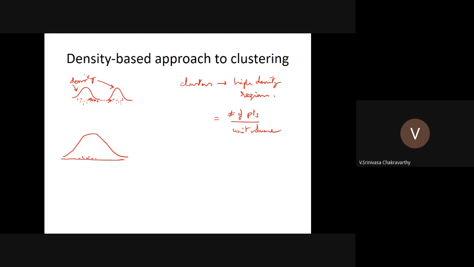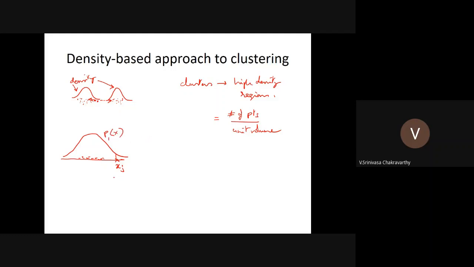There's a high density of lots of points in this part. I'm considering a point here. I'll call this xj. Now I'm asking, does xj belong to this cluster? If I can construct some kind of density function for this data set, I'll call this density function P1 of x, corresponding to this little cluster of data.